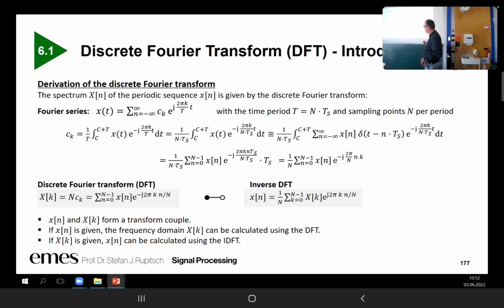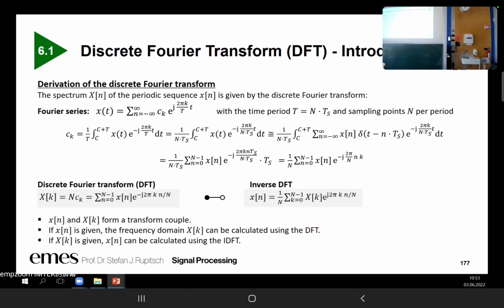The other parts remain as they were on the left hand side. And then we insert the sampled signal instead of the signal in the continuous world. x(t) is the analog signal, and now we replace it with the sampled version.